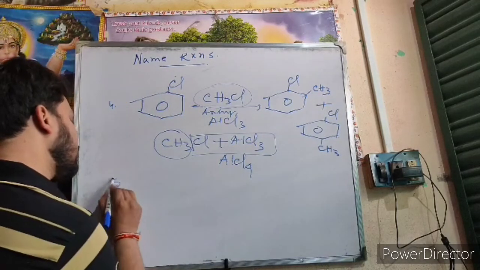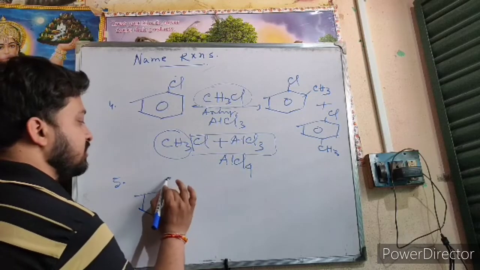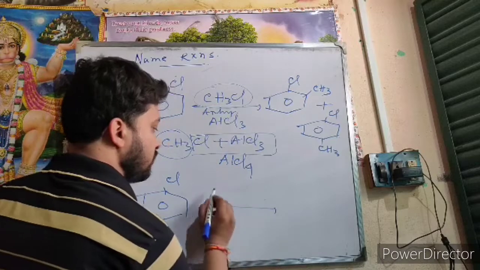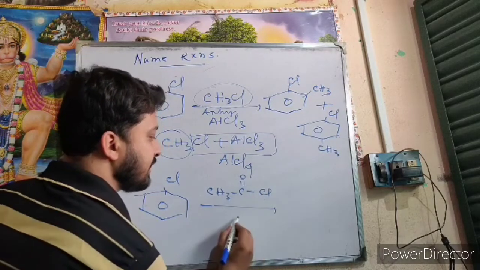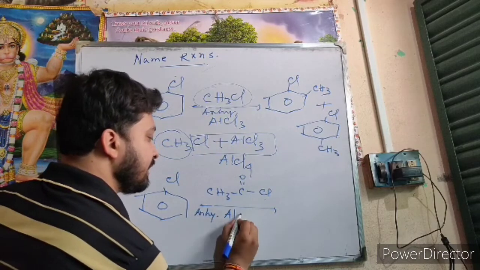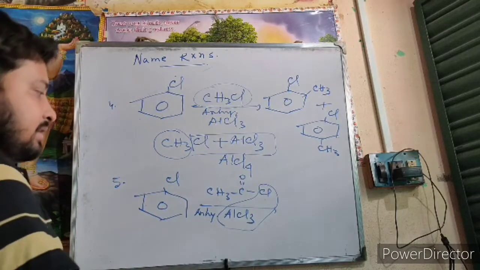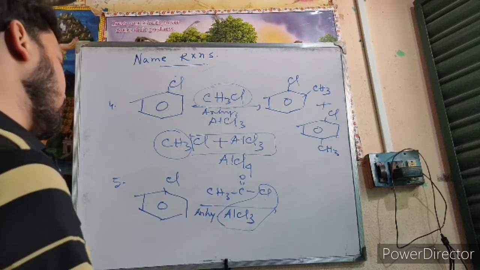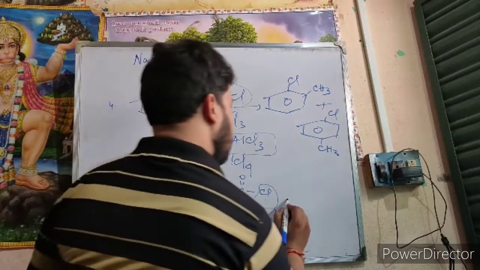And the next is Friedel-Crafts acylation. Friedel-Crafts acylation means you use an acyl group, CH3COCl, and anhydrous AlCl3. So AlCl3 makes a bond, AlCl4, and you get COCH3.